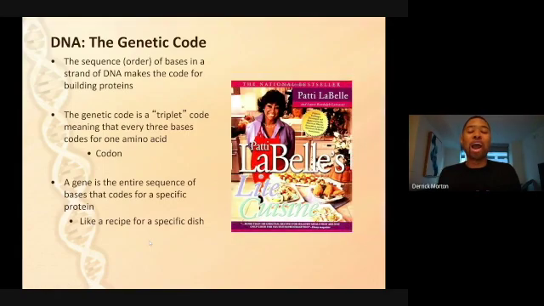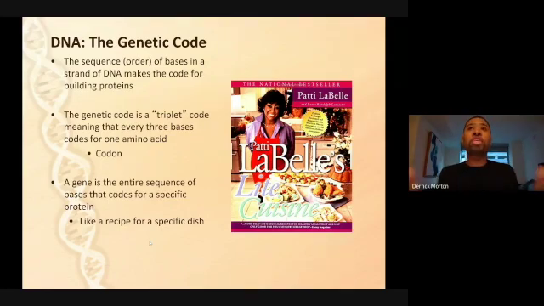And so I really like this analogy of thinking about a gene, the entire sequence of the bases that code for the specific protein, as a cookbook. So here we have Patti LaBelle's cookbook, probably a holiday cookbook. And you could think about the genetic code or the blueprint for DNA as being a cookbook. So in Patti LaBelle's cookbook, you have all of the recipes that are important to making a Christmas dinner, right?